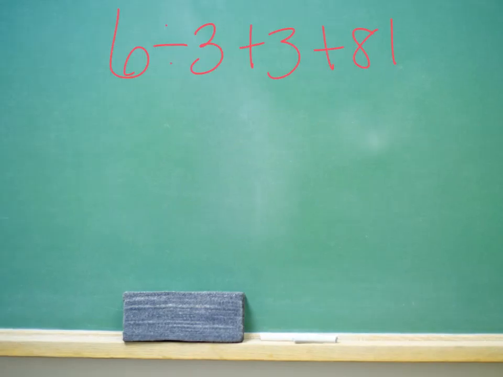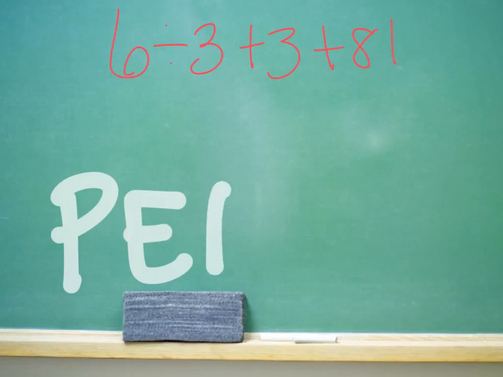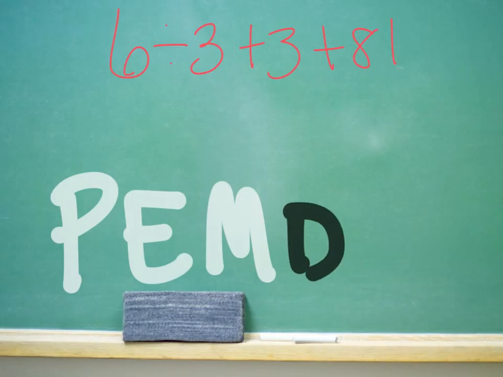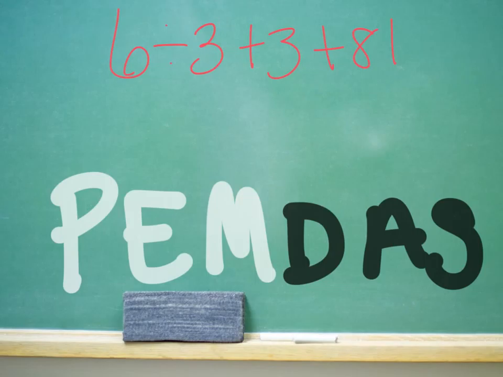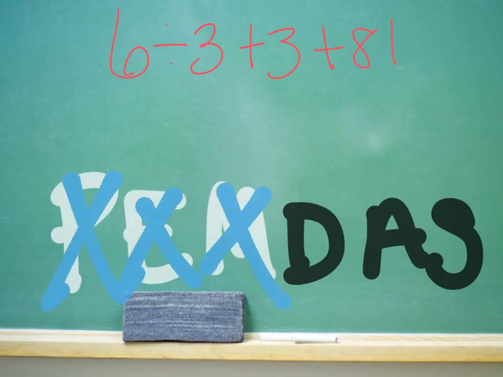Alright, so now we finished with parentheses, exponents, multiplication. What's next after multiplication? Well, it's division, addition, and subtraction. Our next one is division.